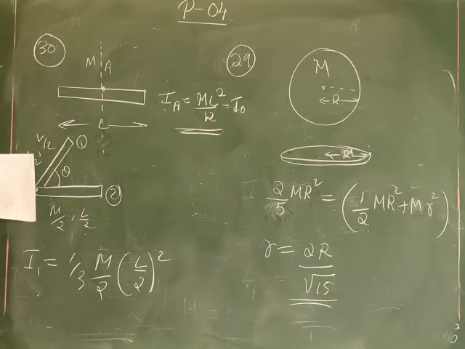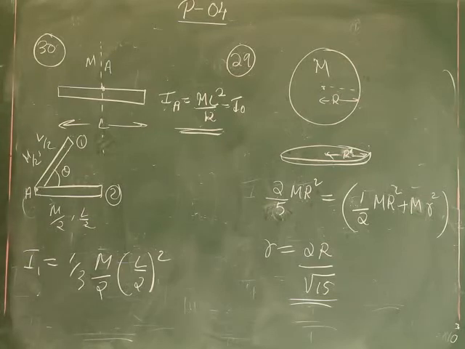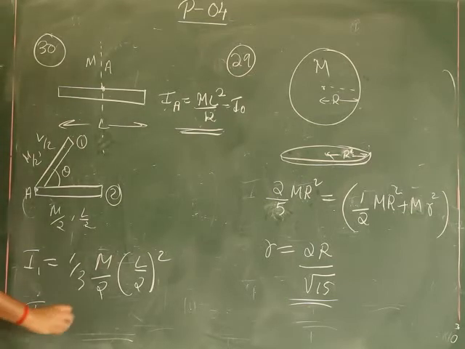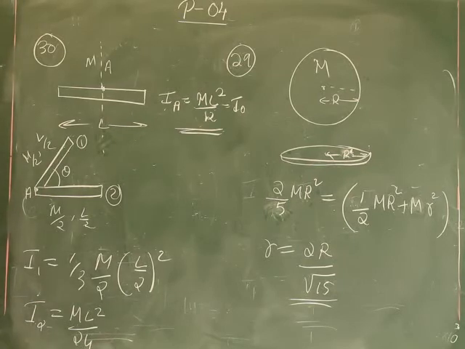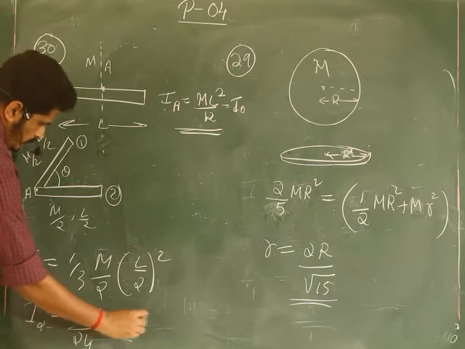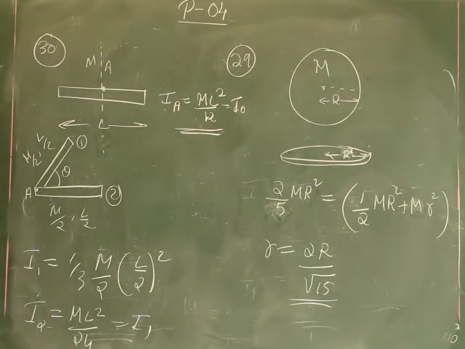Inertia about this point. Okay. I2 also you have to find out like that. This is ml square divided by 24, equal to I1. That means I1, I2 both will give you the same value.